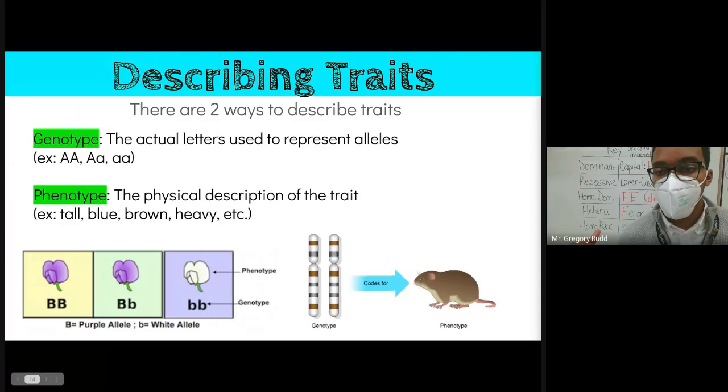What does that say? Homozygous recessive. What does that genotype get me? Which phenotype does that genotype get me? Detached or attached earlobes? If I'm two lowercase e's, which phenotype am I going to get?